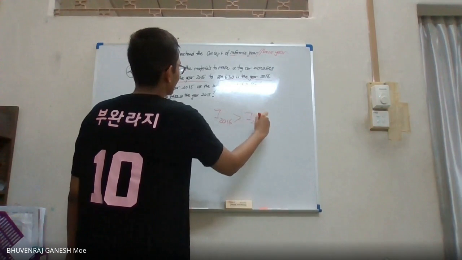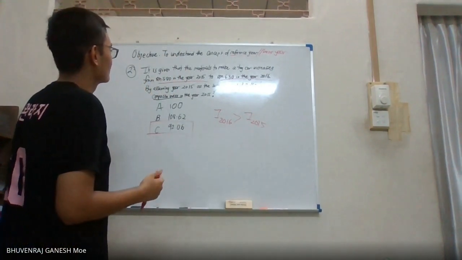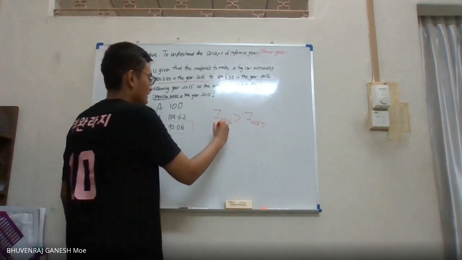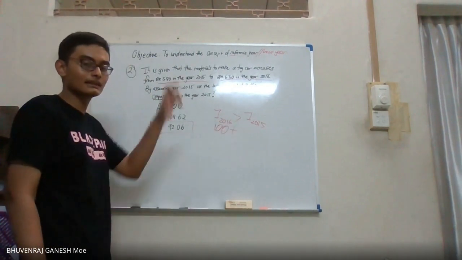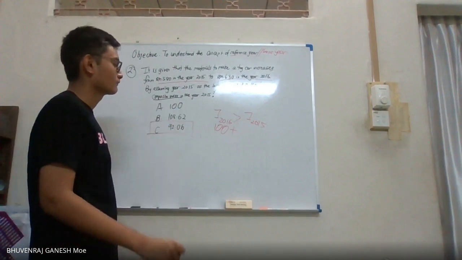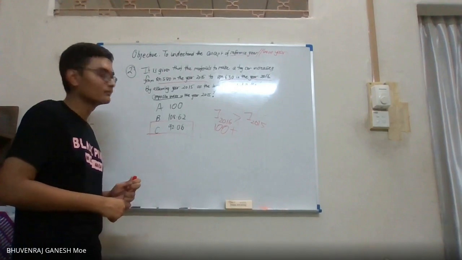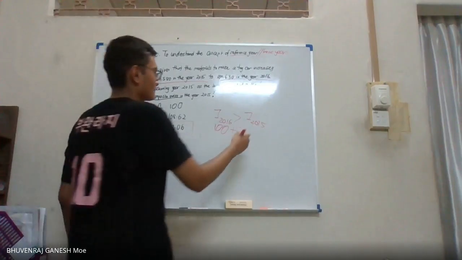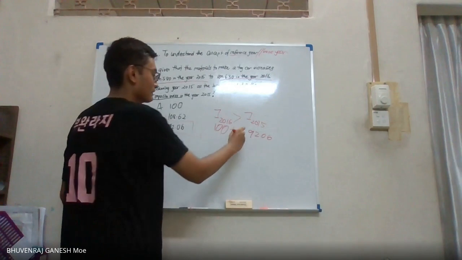Usually the price index is above 100 in 2016 because it increased. If you choose 92.06, it doesn't make sense because it's showing a decrease from the base index, which is 100.